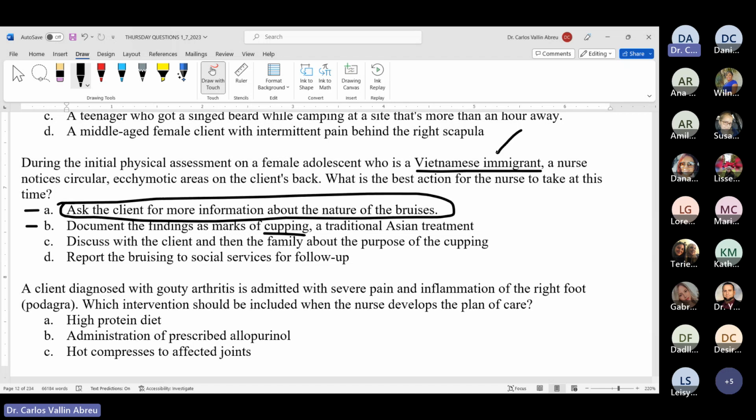They don't mention here that you saw the cup. So if you need to choose between A and B, the assessment in A will confirm that the marks are cupping as we suspect. Much better is option A because B is an assumption. Remember that we cannot assume.